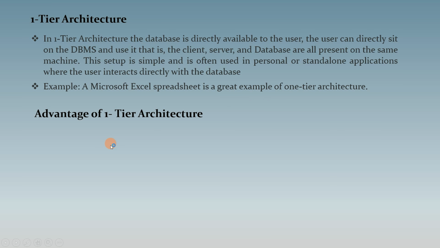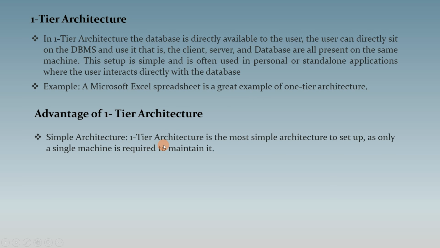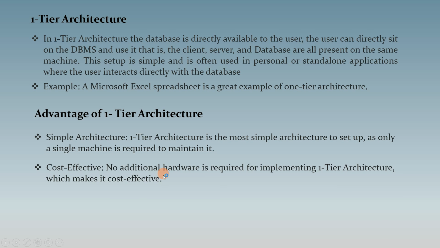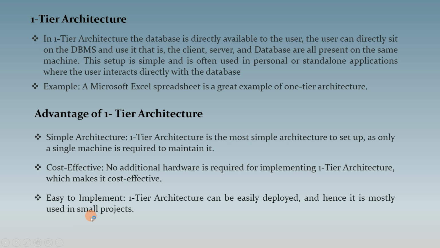Now, advantage of 1-tier architecture. 1-tier architecture is the most simple architecture to set up as only a single machine is required to maintain it. Cost effective. Definitely it will be cost effective. No additional hardware is required for implementing 1-tier architecture, which makes it cost effective. Easy to implement. 1-tier architecture can be easily deployed and hence it is mostly used in small projects.